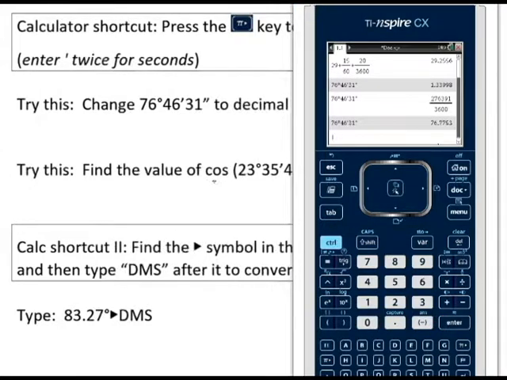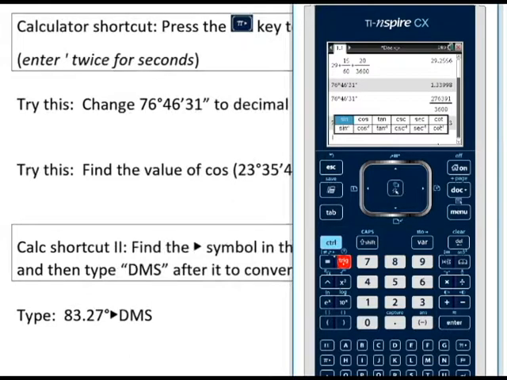For the next example, we were finding the value of cosine of 23 degrees and change. So remember that cosine is a trig function. Notice this is where you can find cosecant, secant, and cotangent in the same order that I presented. Notice that they correspond with the order of sine, cosine, and tangent. They are the reciprocals of sine, cosine, and tangent respectively. But I digress.